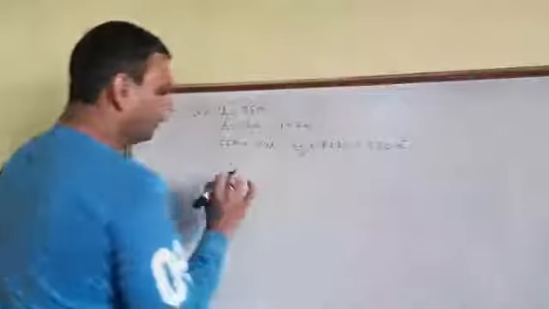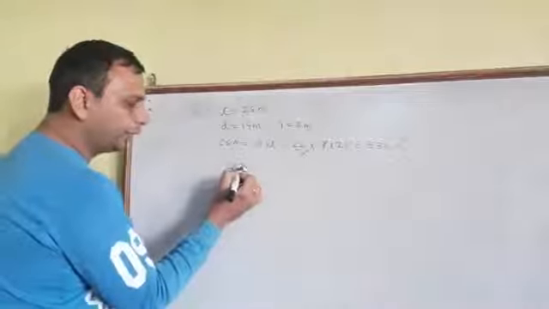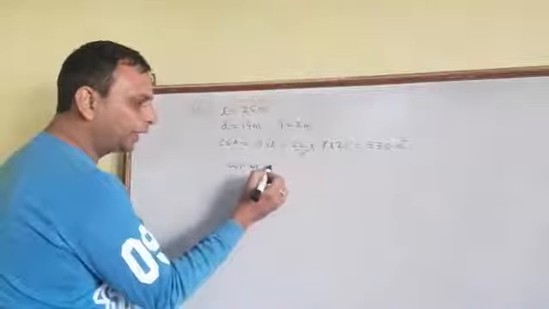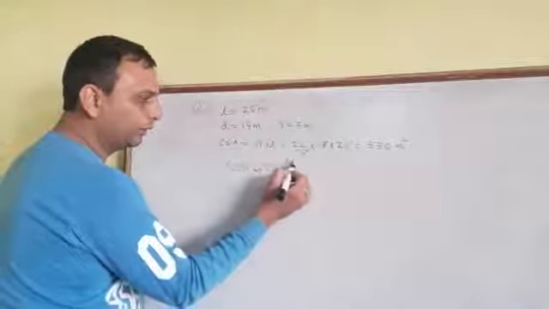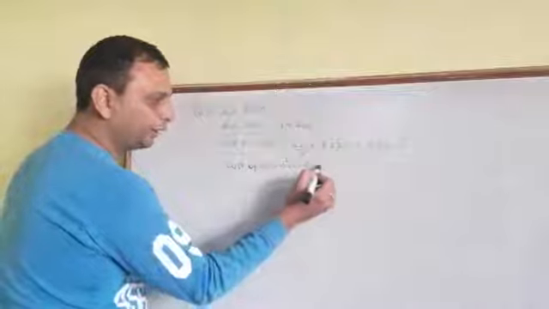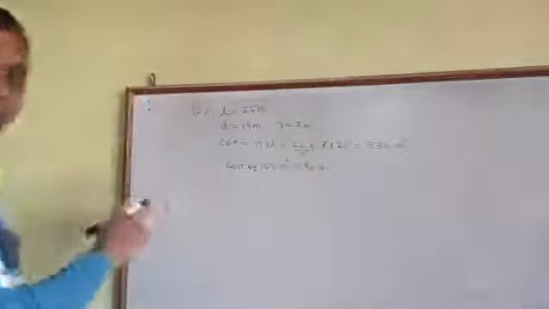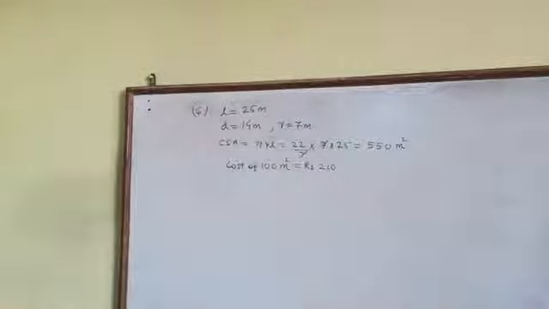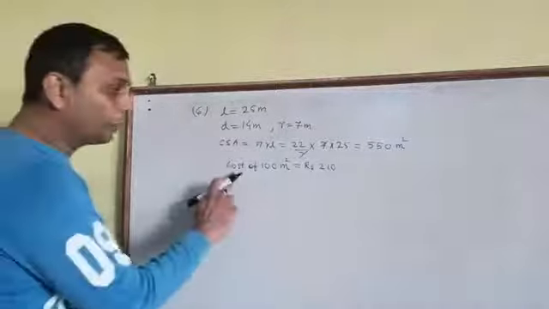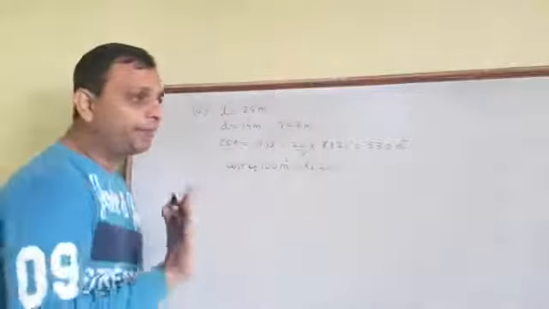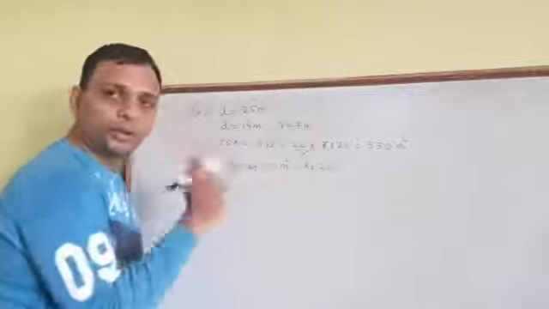And now, how the cost is given, you have to understand. The cost of 100 meters square is given as rupees 210. Always, in 95% of questions, the cost of 1 meter square is given.